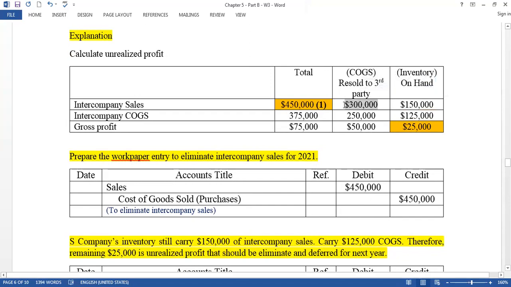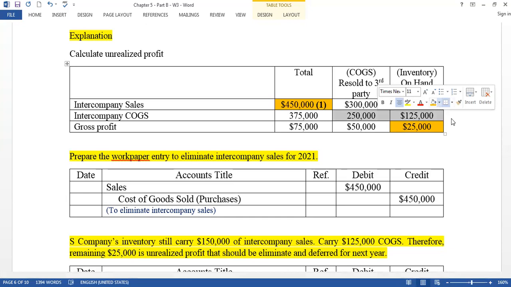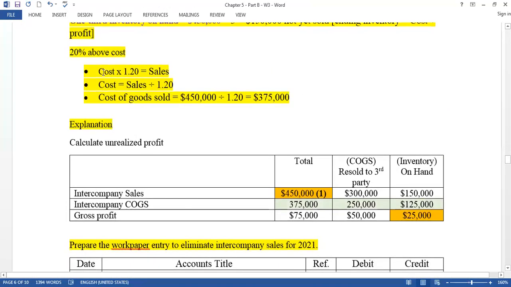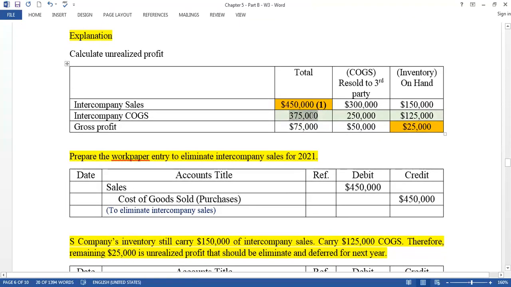This 300 includes cost plus profit. This ending inventory includes cost plus profit. Clear? So we calculate the cost. These three cost of goods sold amounts we calculate by using this formula, for total sales, cost of goods sold to the third party, and cost of goods sold in the ending inventory.